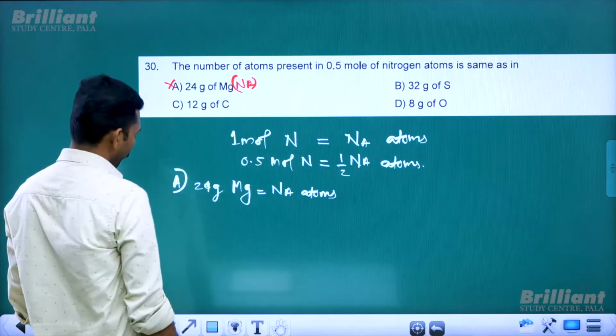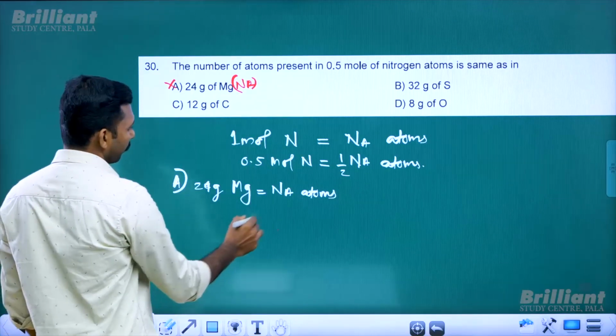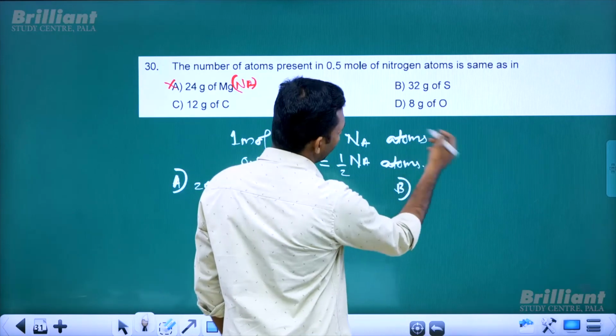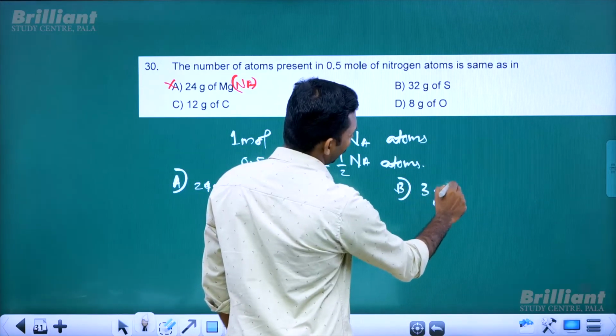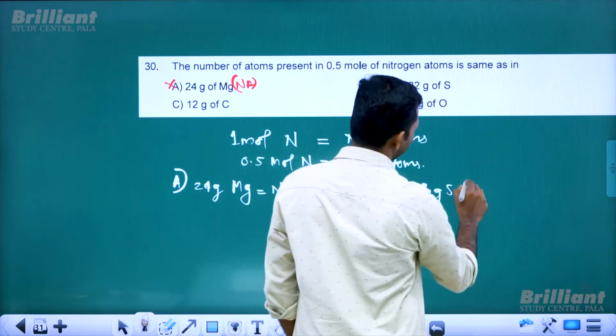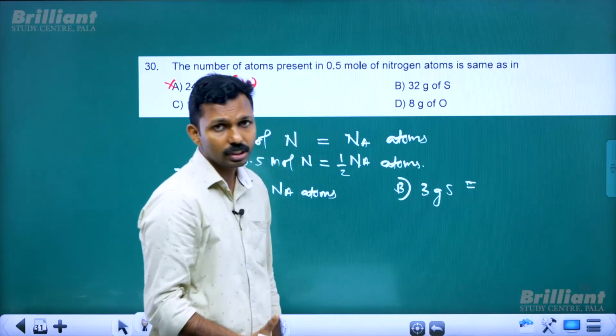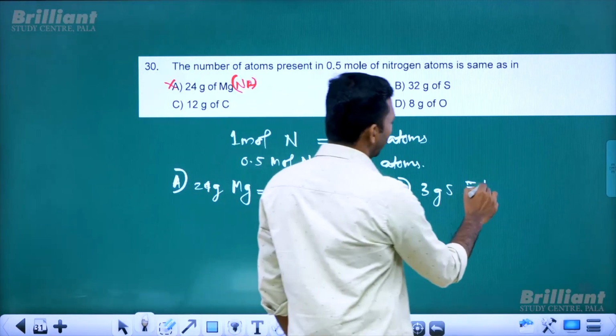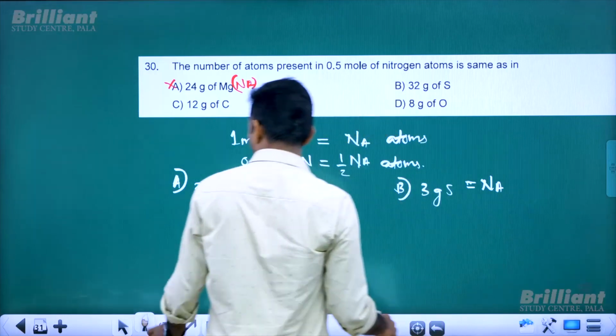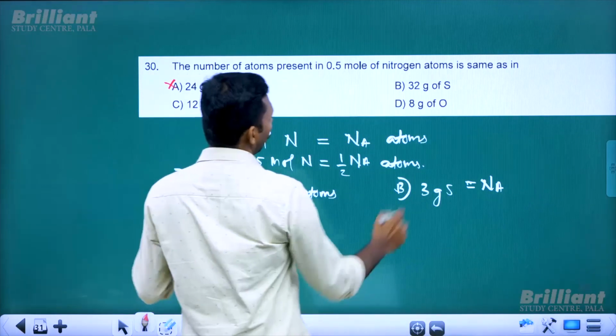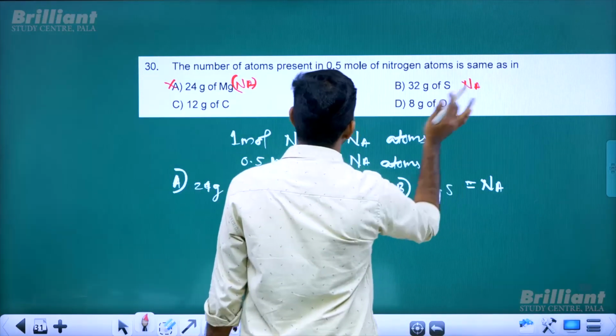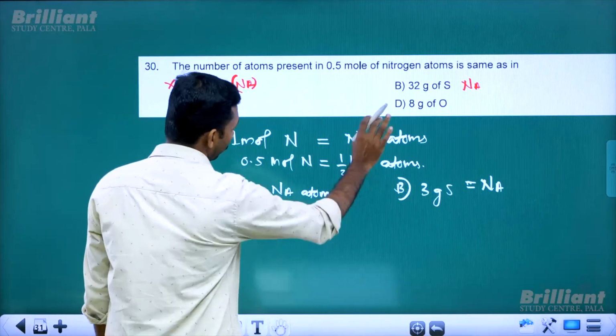Next is option B, 32 gram of sulfur. The atomic mass of sulfur is 32 itself, so it is also Na, the Avogadro number of atoms. That is not Na by 2, half mole. It is 1 mole.